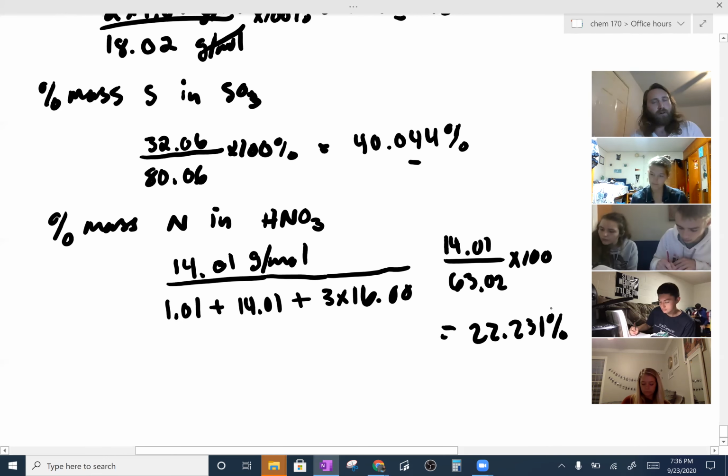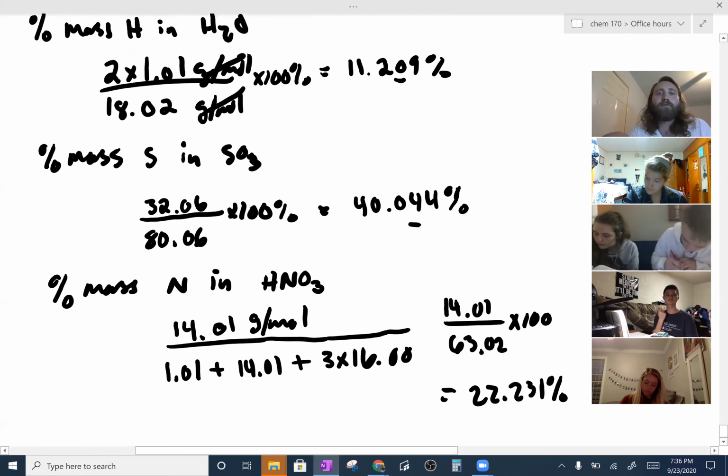Okay, so nitrogen is 22.23% by mass of nitric acid.